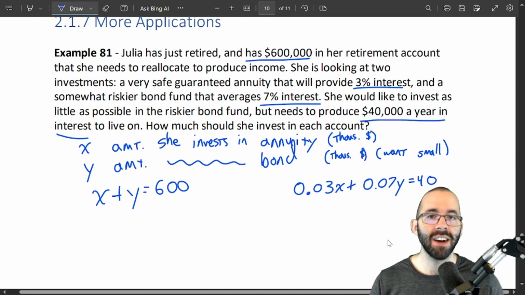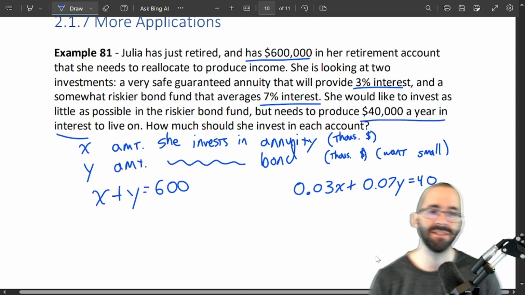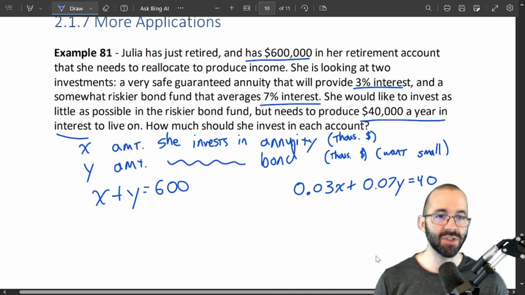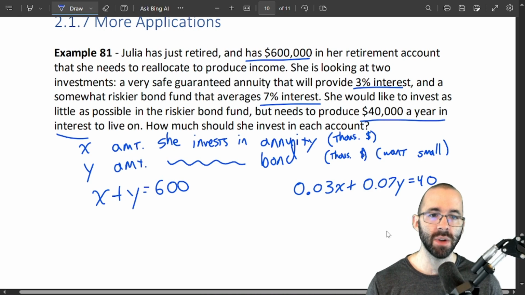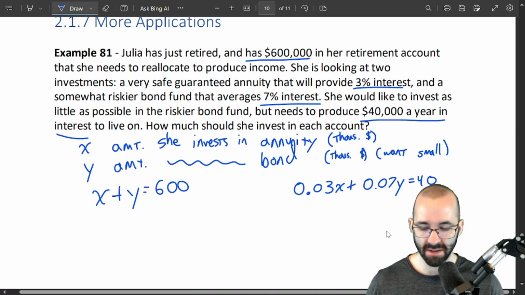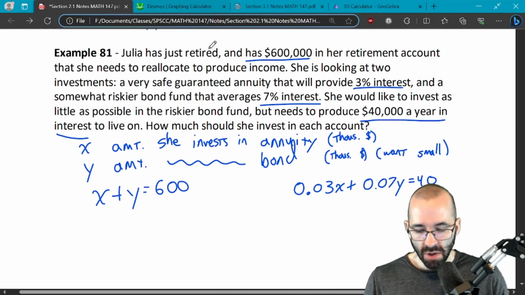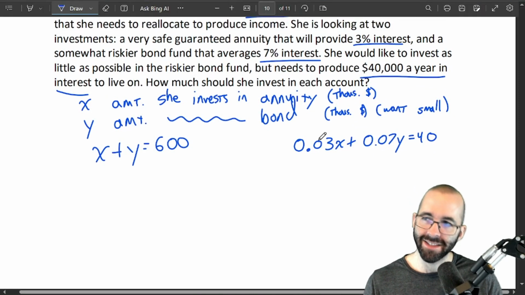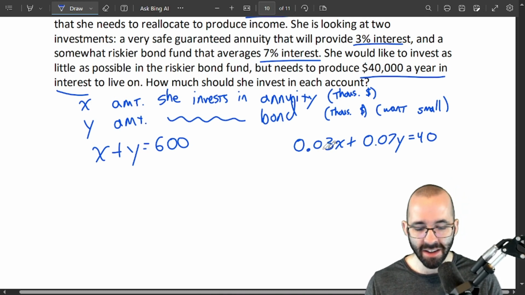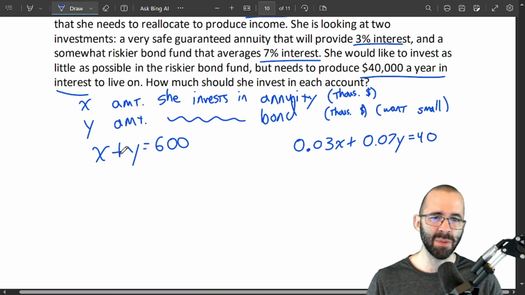We've got a system of equations. We need to solve it now. Elimination or substitution? Your choice. Okay. So I don't love the idea of using the addition method because I have to get one of these coefficients to match one of these coefficients, and that's going to be multiplying by weird numbers.